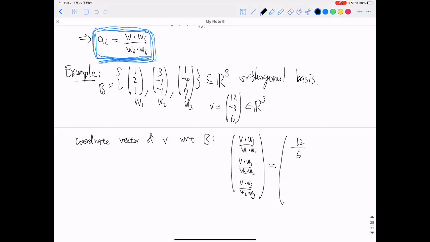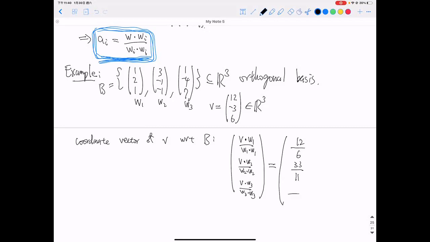Then this one is 9, 1, 1, 11. 36 plus 3 minus 6, 33.